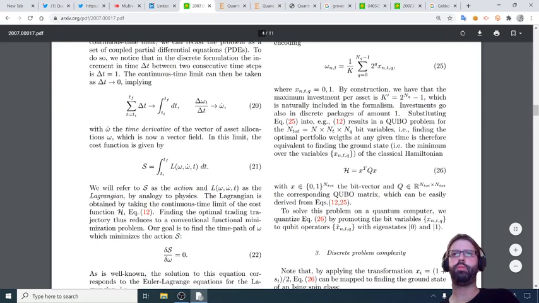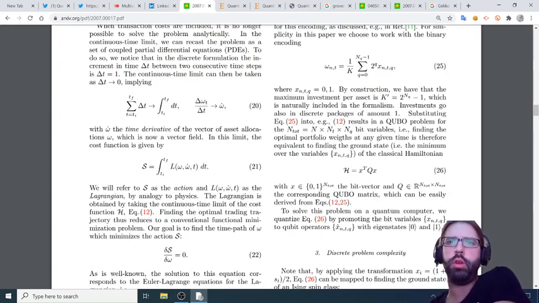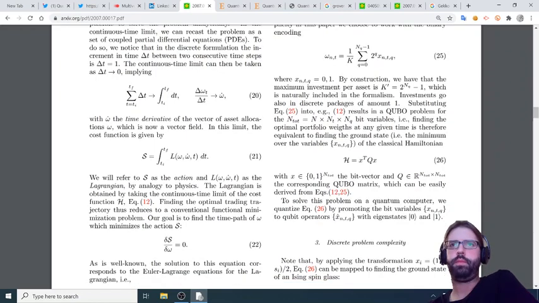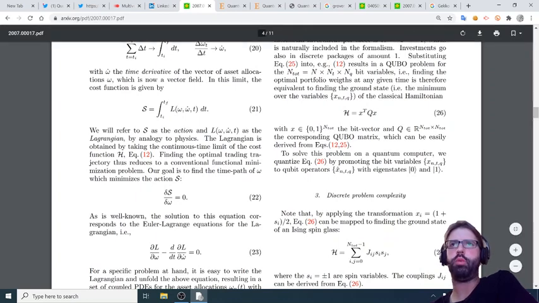To solve this problem on a quantum computer, we quantize equation 26 by promoting the bit variables to qubit operators with eigenstates 0 and 1. Q is the QUBO matrix, right? Yeah, and that's kind of the expectation value, I guess.